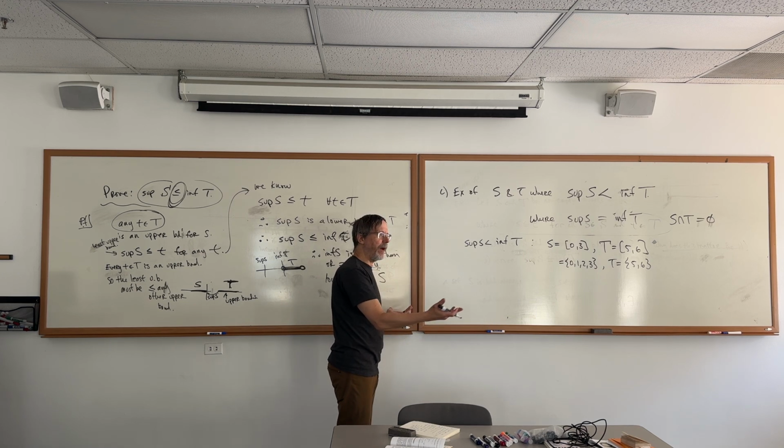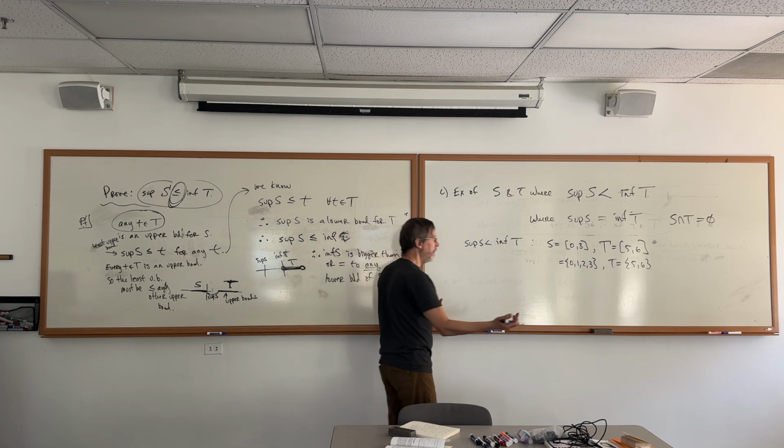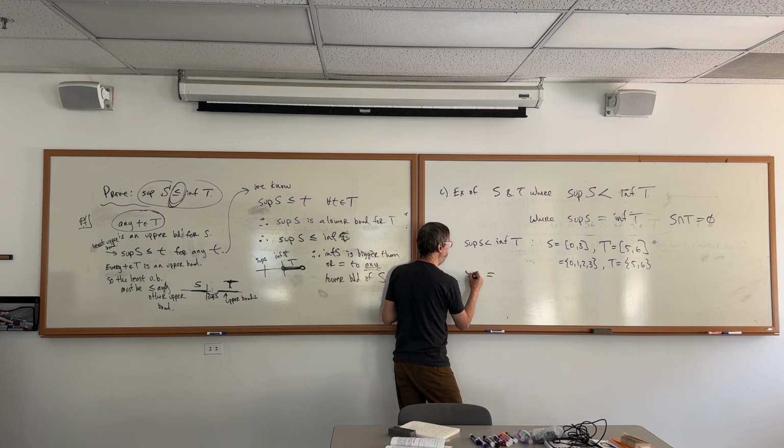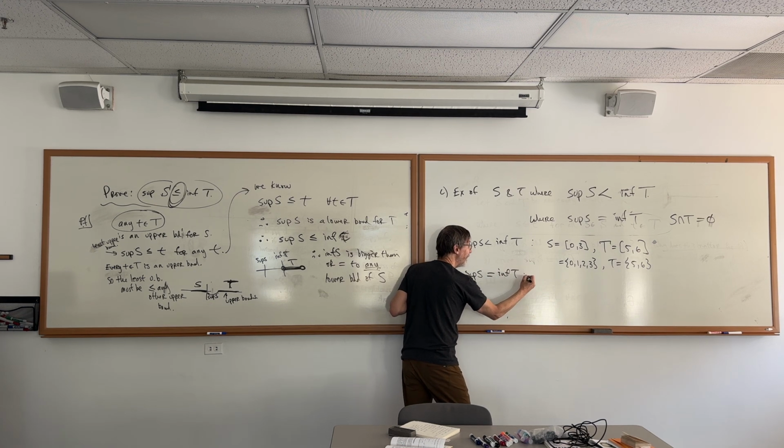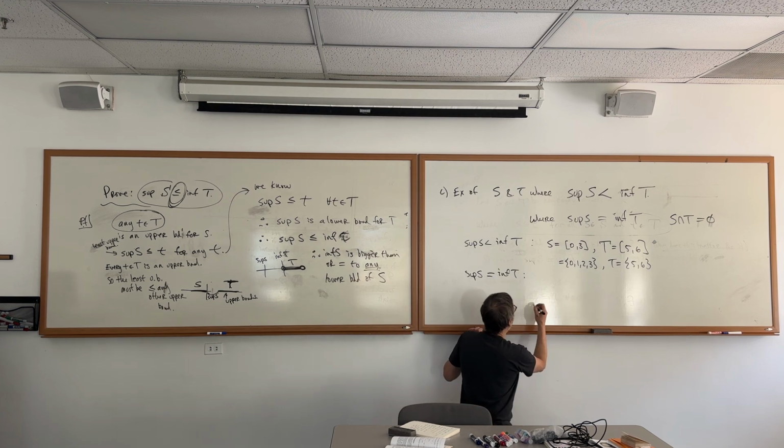For the equals case, I did S is equal to the interval that contains 1 and goes up to 3, but doesn't contain 3. So contains 1, and then goes up to 3, open.